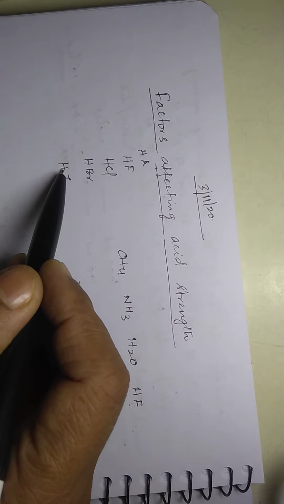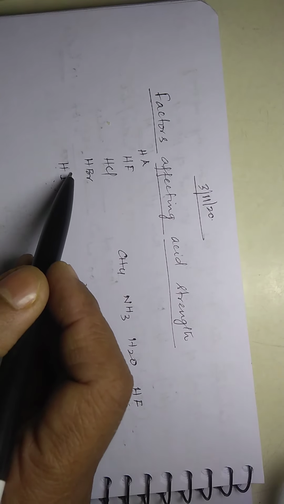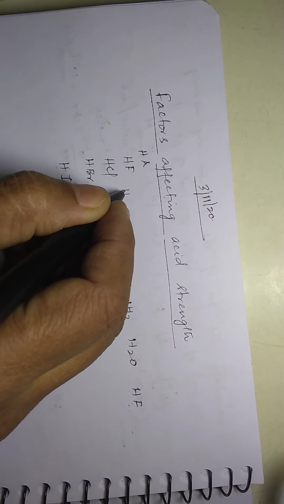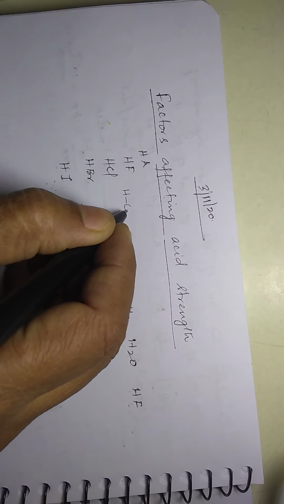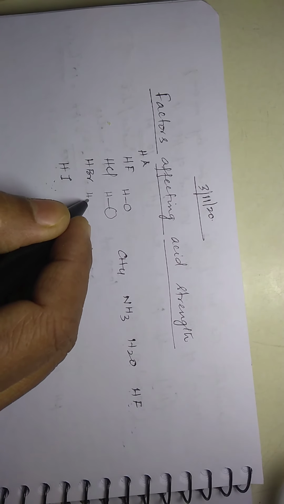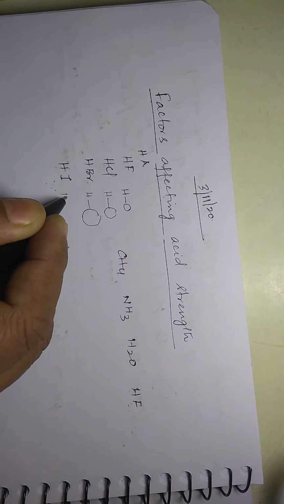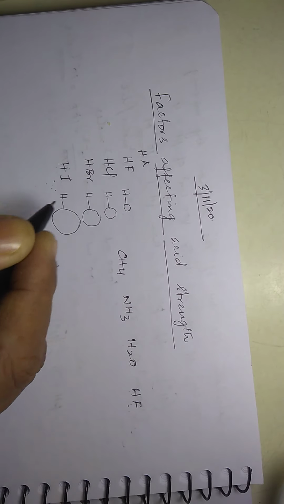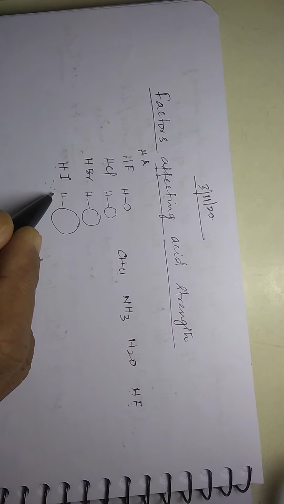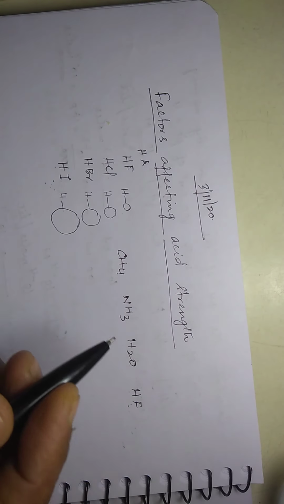The bond that is attached to hydrogen, if the size of iodine is more, it is something like, I can show it like this. Hydrogen is here and the fluorine atom is this. Then with chlorine it is like this. Then with bromine it is like this. Then with iodine it is like this. Okay. So the bigger the atom to which hydrogen is attached, the lower the bond strength will be.